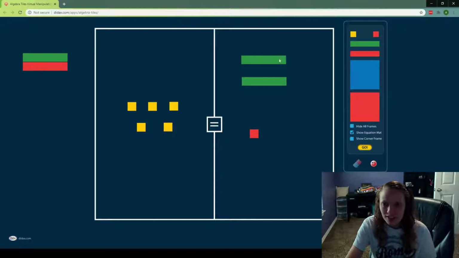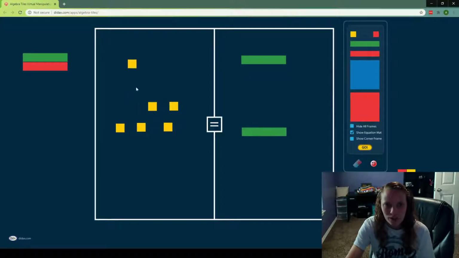So since the x's are on the right side, I'm going to cancel this minus 1 out by bringing a plus 1 next to it. Negative 1 plus 1, that cancels out to 0. But then again, whatever we do to one side, we have to do to the other. So I added another positive 1 to the left side, and this cancels out. Now we're left with 2 x's and then 6 1's.